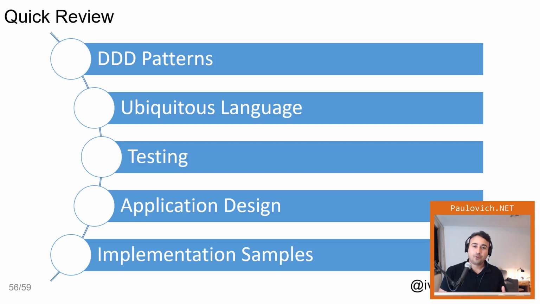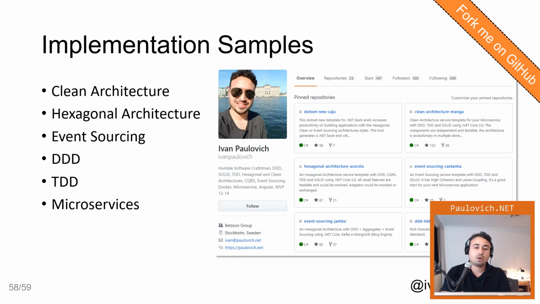Well, fortunately, I have a lot of implementation samples on my GitHub, so check it out. So the implementation samples I provide to you are on my GitHub. So fork me on GitHub, give it a star, and my GitHub has implementations of clean architecture, hexagonal architecture, event sourcing, a lot of cool stuff on DDD, test-driven development, and other good and awesome implementations of the microservices concepts.